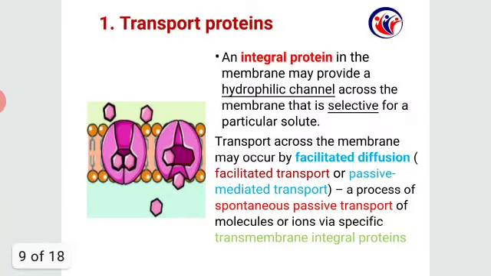Going through the information written, an integral protein, that's the one that spans across, those ones that are amphipathic, may provide a hydrophilic channel across the membrane that is selective for a particular solute. It is selective, so not all solutes will go through, but some that fit that conformation, that shape, will be picked up and taken across.